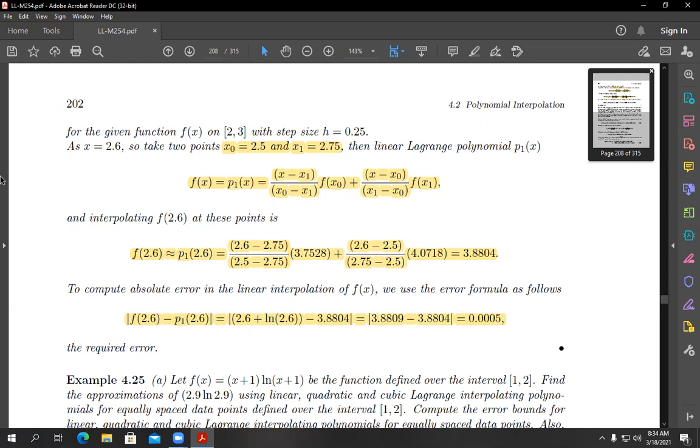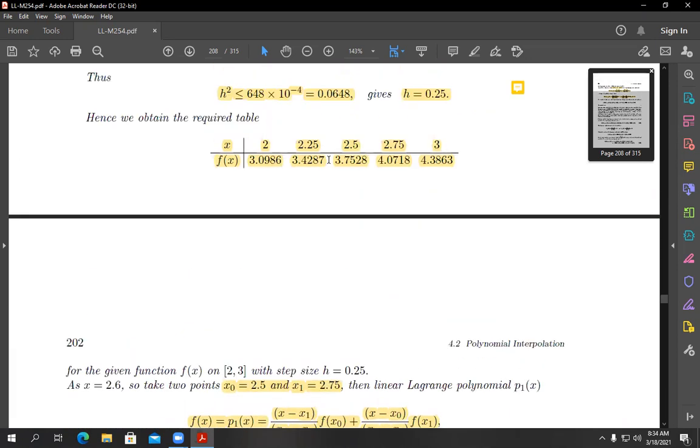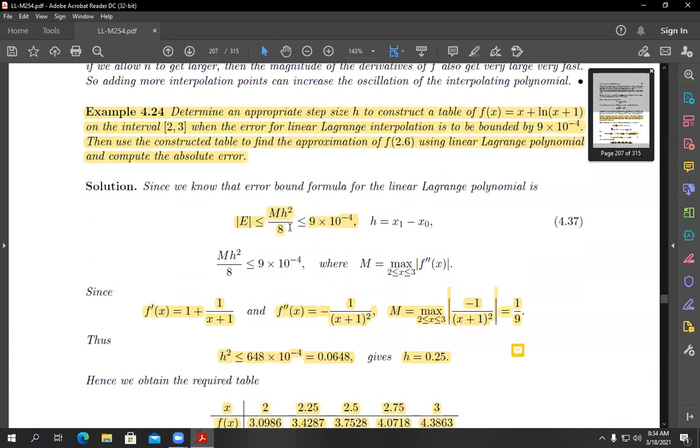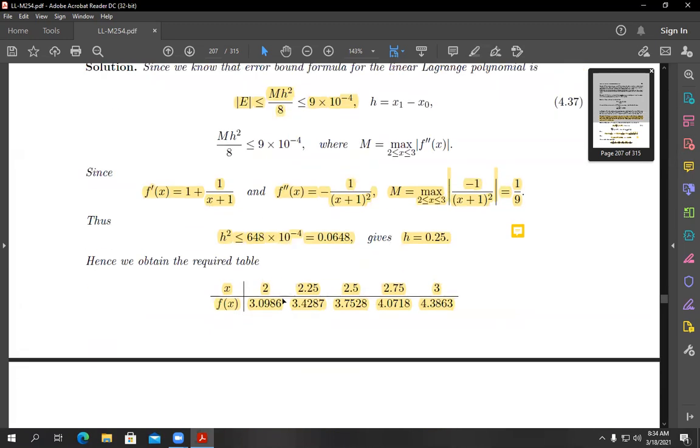Now, why do we have this value? Because when I give this problem in the exam, I give the same thing: find the value of h with the help of the error formula of the linear case. When you construct the table, you have this table.